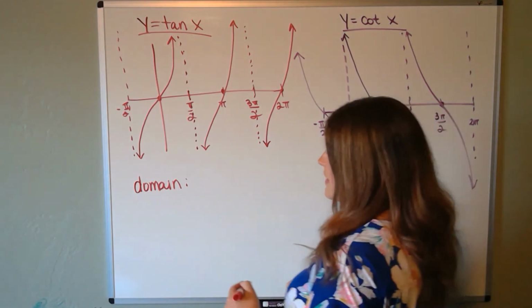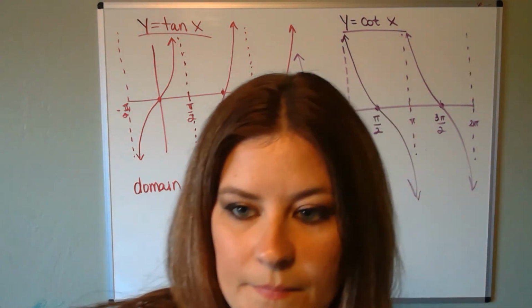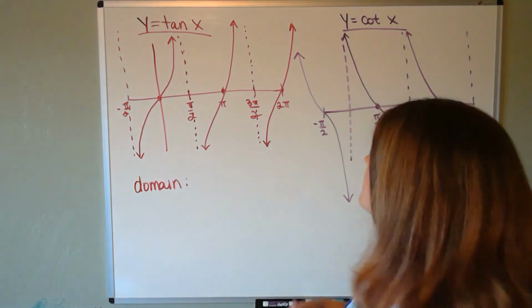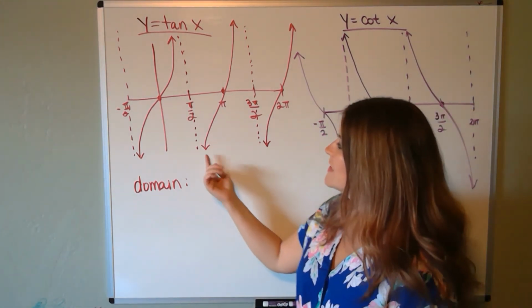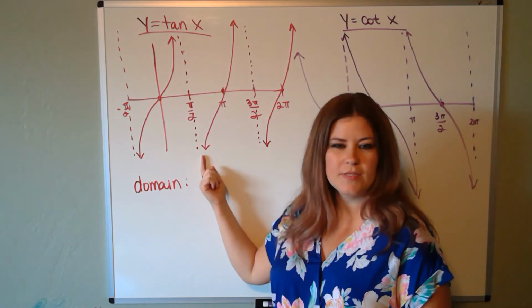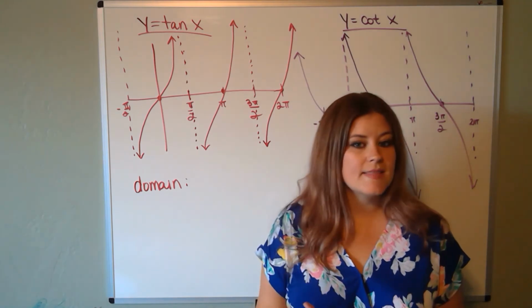So the domain of this function is going to be all x values except for values of the pi over 2's. So we have to find a way to say that.